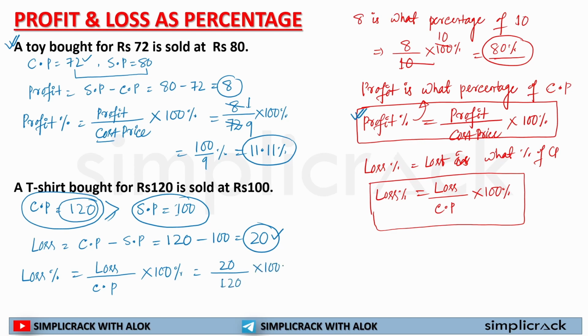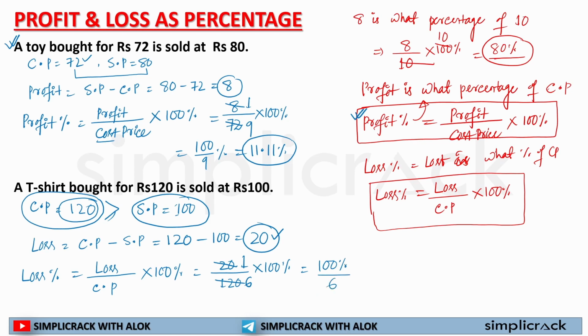Multiply by 100%. So now if I solve it, if I divide 20 by 20, I will get 1. If I divide 120 by 20, I will get 6. 20 multiplied by 6 is equal to 120. That's what I have done here. So it is 1 into 100, that is 100% divided by 6.